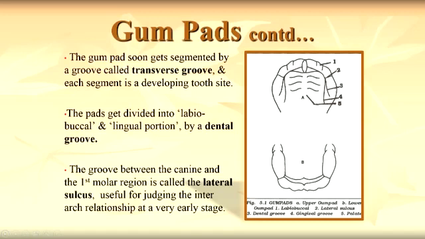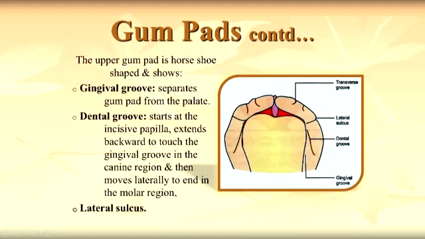The groove between the canine and the first molar region is the lateral sulcus, useful for judging the interarticulation at a very early stage. Therefore, the lateral sulci are very important for judging this stage. The upper gum pad is horseshoe shaped and shows a gingival groove separating the gum pad from the palate.